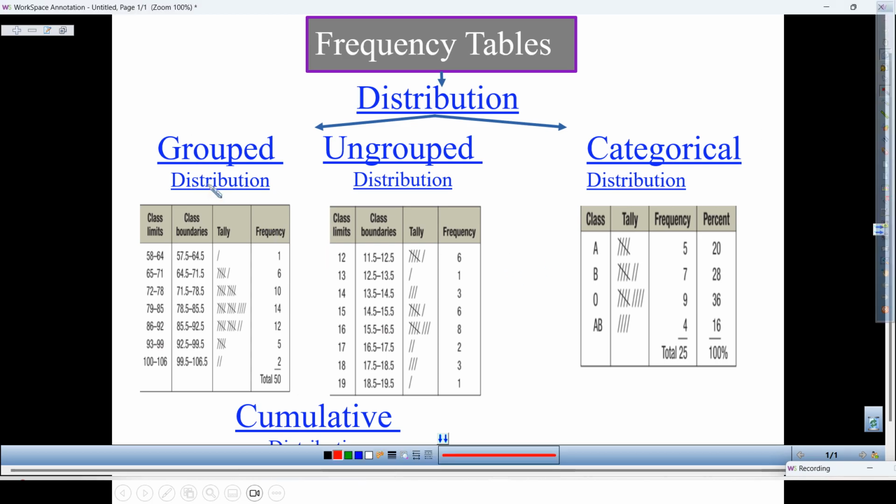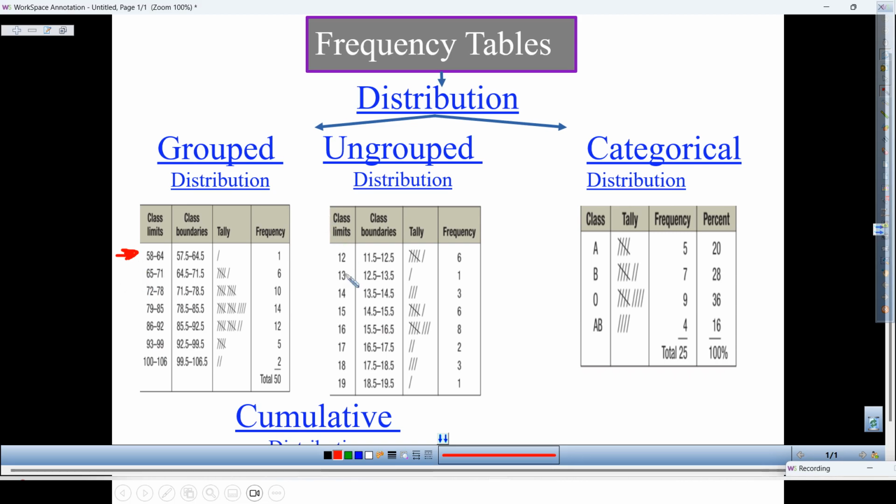So, grouped distribution versus ungrouped distribution. Darian, why is this one called grouped? The class limits, yes. What about them? AJ, all right, let's go. Darian is right. It's because of the class limits, but what about them?